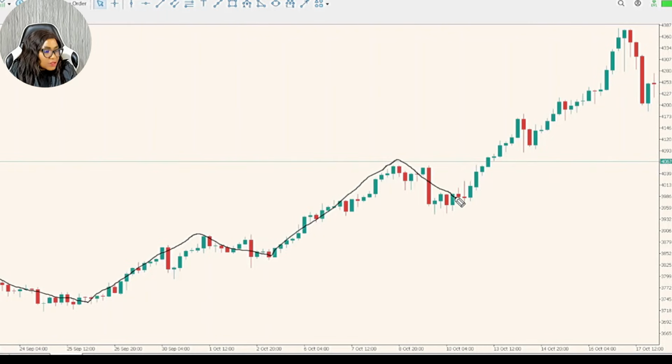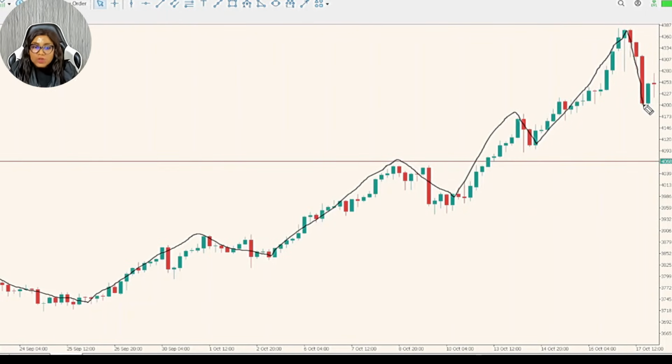So in this market, we have higher highs and higher lows, and you see how clear the trend is. That shows that this is an uptrending market. And in this uptrending market, what kind of trade are you going to be looking for?